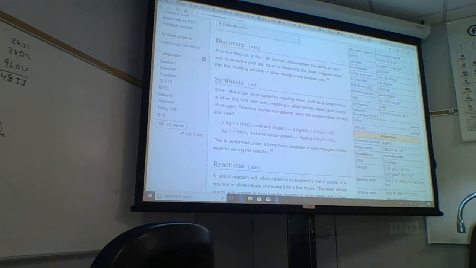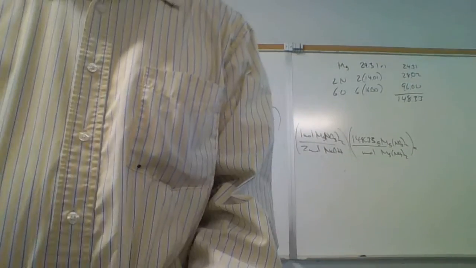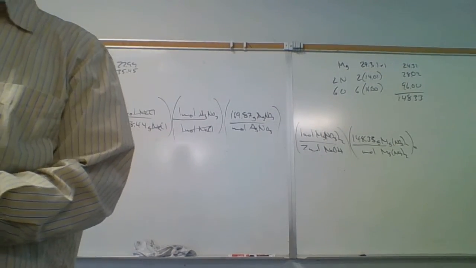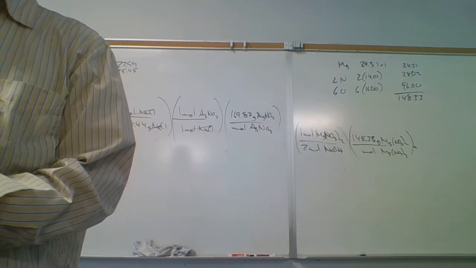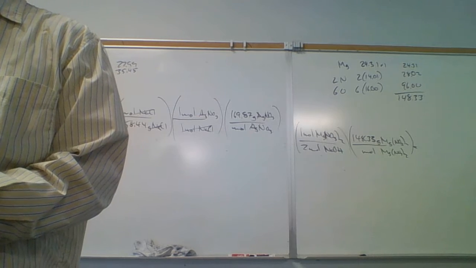I know I can do these; it's just busy work, and if it's just busy work, then I'll just look it up. 169.87 grams of silver nitrate per mole of silver nitrate. But it depends. On certain ones, you want to calculate them because you want to memorize the numbers and be able to do them quickly.